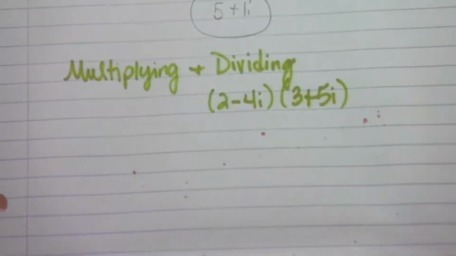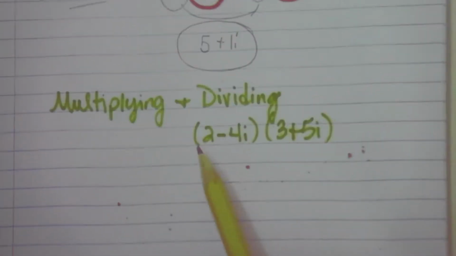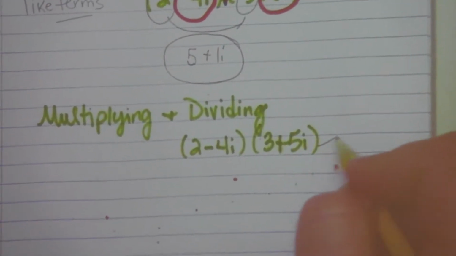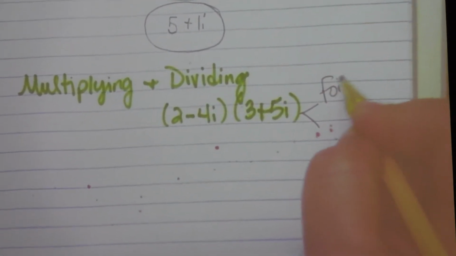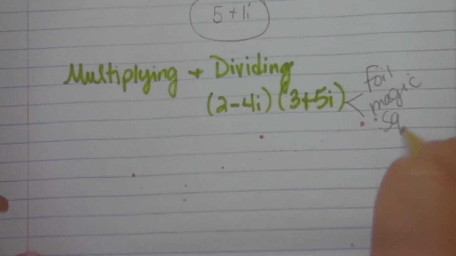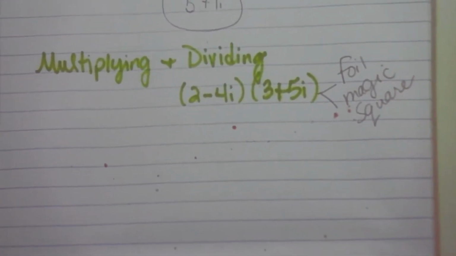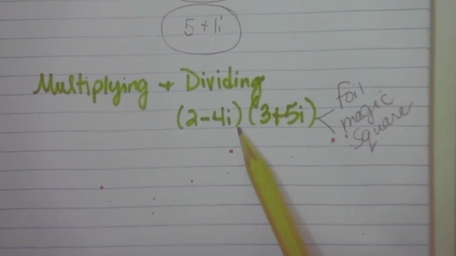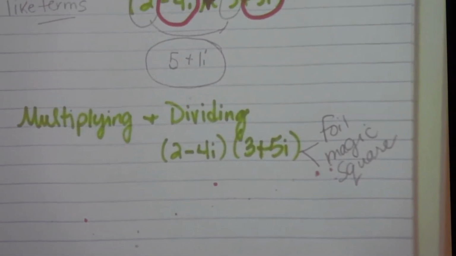When we are multiplying or dividing a pair like this, we come back to either having to FOIL or using our magic squares. Just like we did when we had an x here. I love that magic square. I know you do, so I'll use it again.